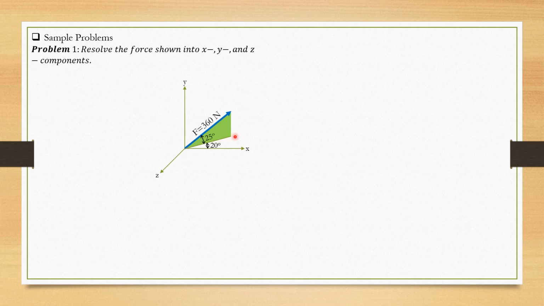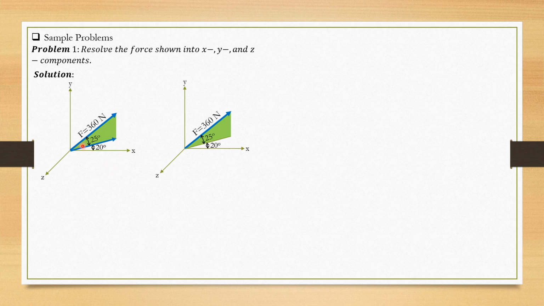Then once we solve for Fxz from this right triangle, then we draw the top view showing the x and the z axis, so that we can analyze the x and the z components. So for the solution, we have to solve for Fxz first, this adjacent side of the right triangle, that's Fxz. The opposite side is parallel to the y-axis, so that is the y component of the force.